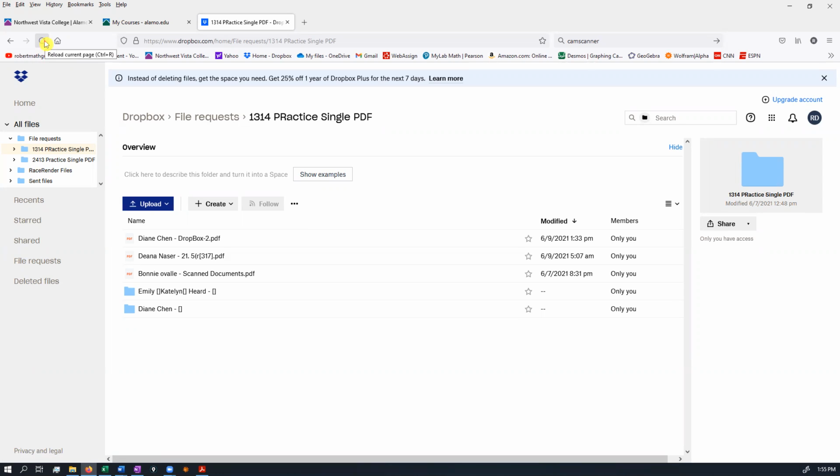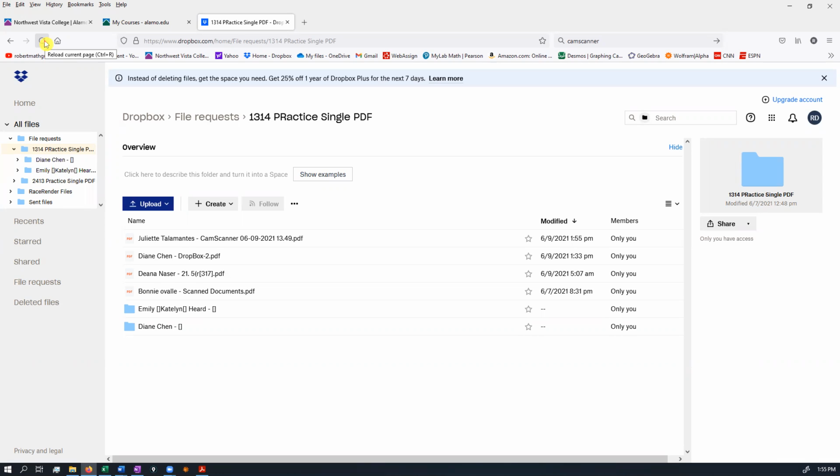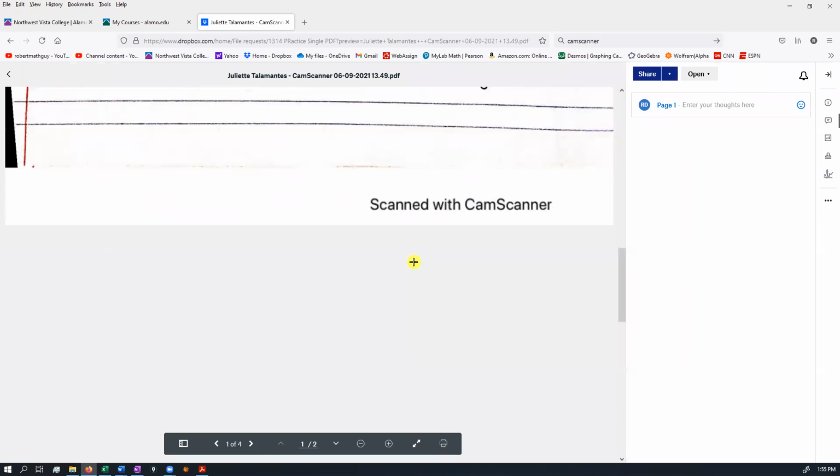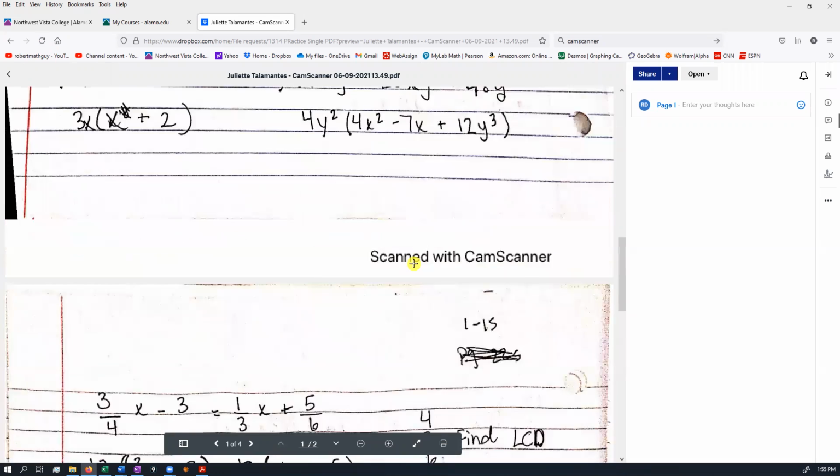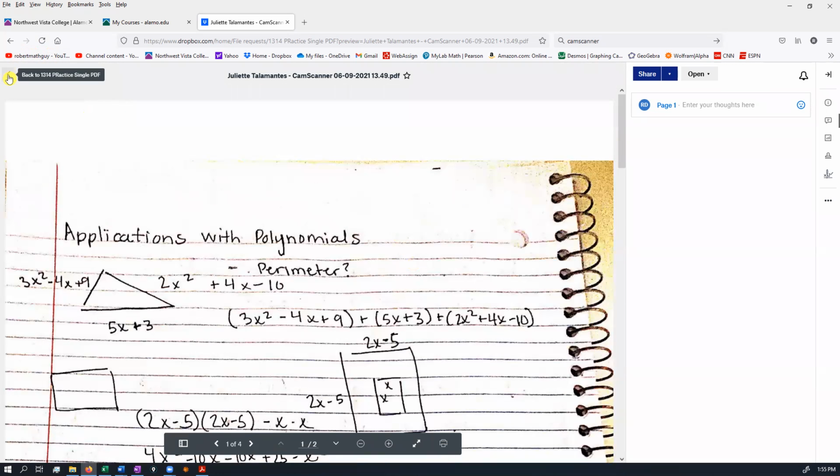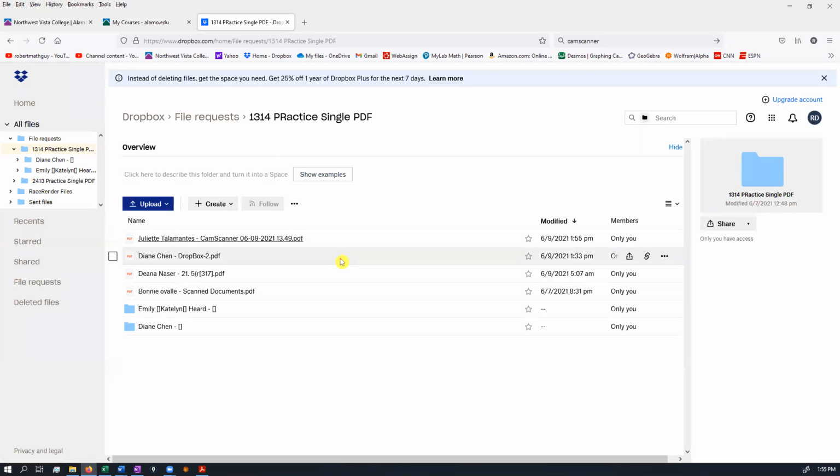I know this seems tedious the first time, but you'll get better with it. Okay, did it work? So you see, I have it here. Let me take a look. Yeah, it's 2 pages. That was just my notes. Okay, that's exactly what you need to do. Perfect. Thank you.